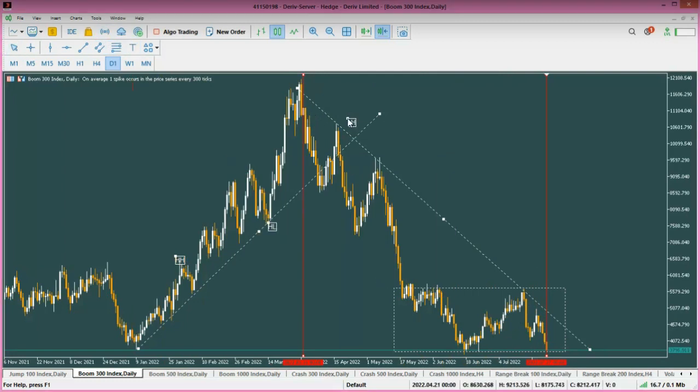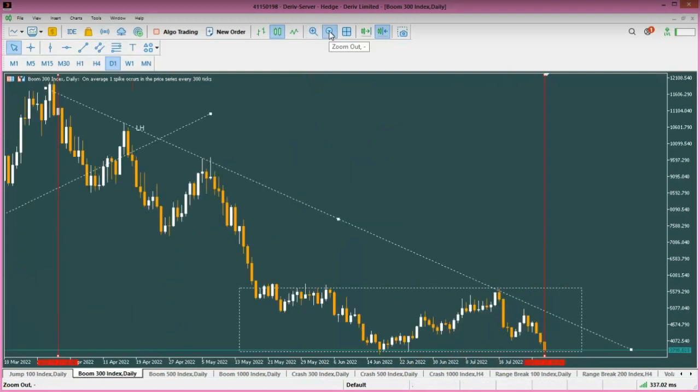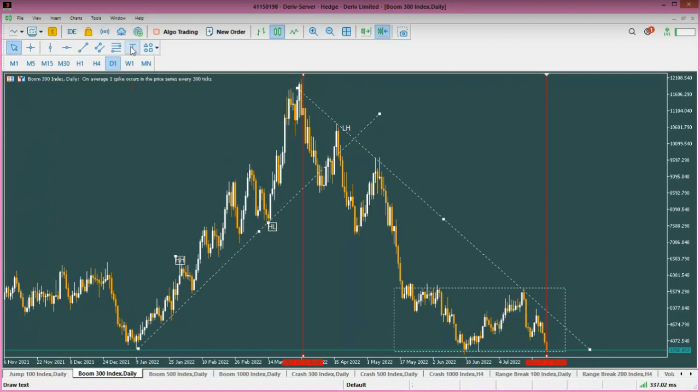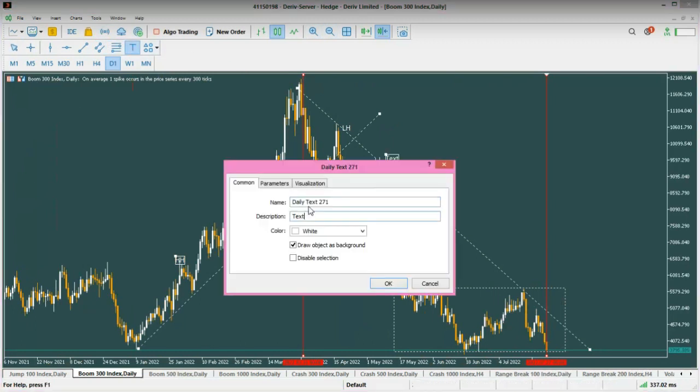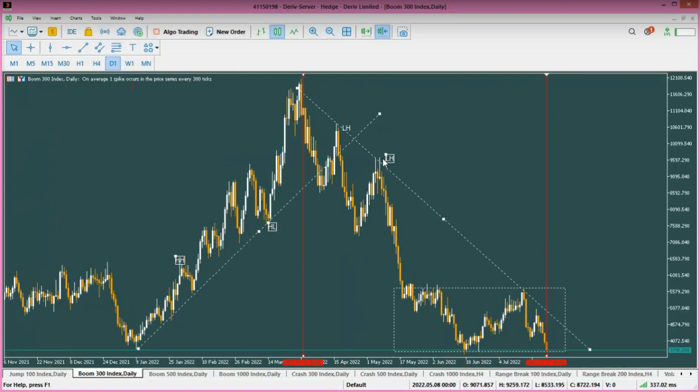Right there. This is your lower high. Just make sure that you can see that. Okay, when I zoom in, it's a disaster. This is your lower high. I'm just going to put these two only because you're going to see what I'll be talking about.